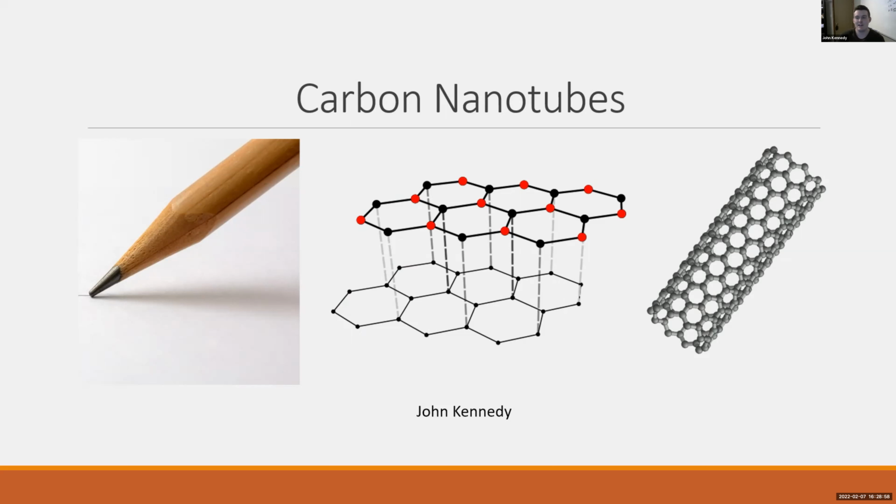So today I'm going to be talking about carbon nanotubes, and mainly how to, one, understand the name of what carbon nanotubes are and how they're structured, and two, how you actually model that using GaussView. By now we should all know that the lead in your pencil is not lead at all. It's actually carbon, a special stable type of carbon called graphite.